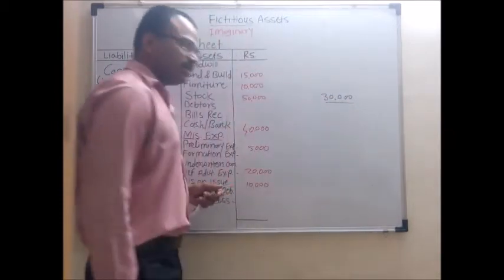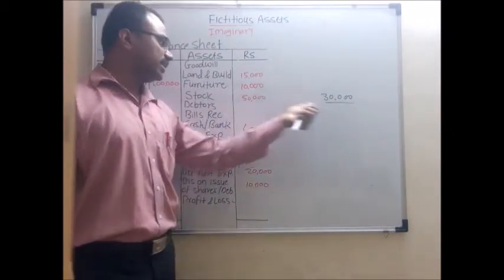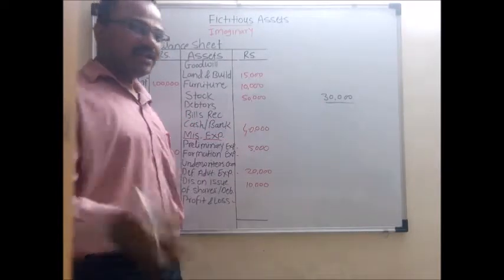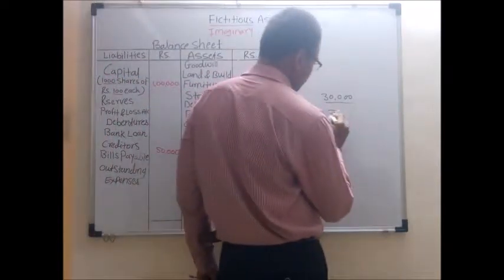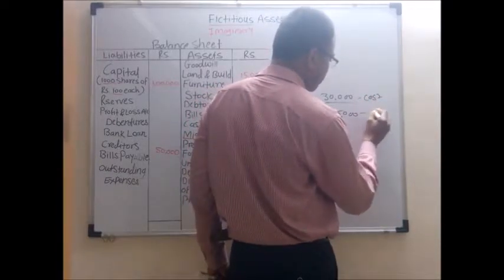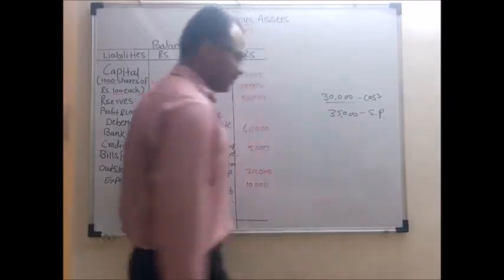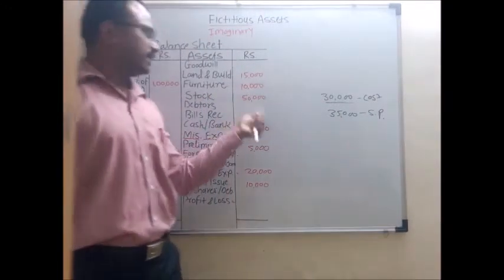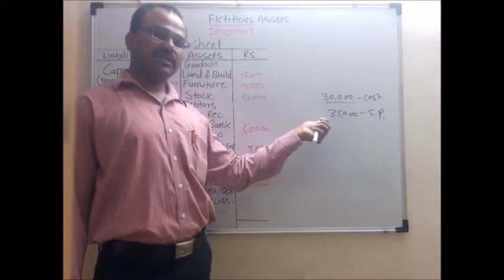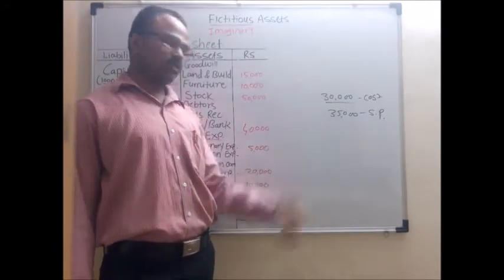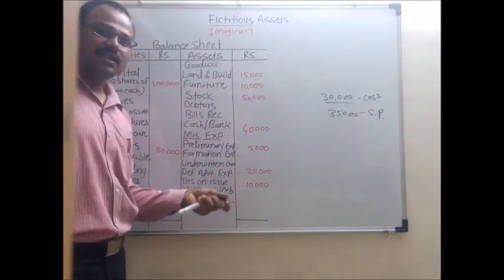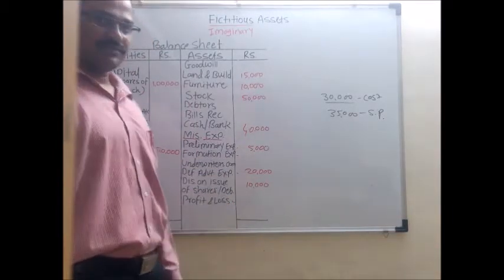If I sold 30,000 of stock for rupees 35,000, this is the cost price and this is the selling price of that stock. It means goods worth rupees 30,000 are being sold at rupees 35,000. Here clearly the business is getting a profit of rupees 5,000.